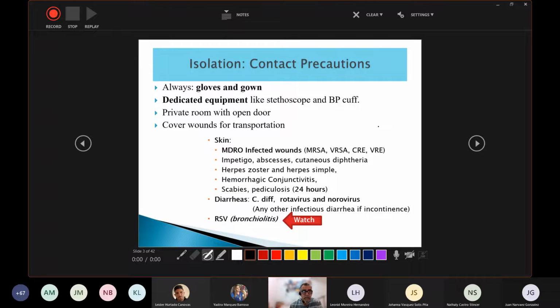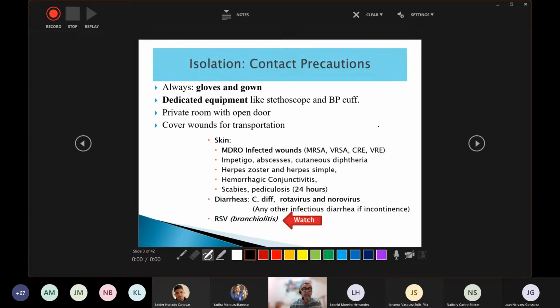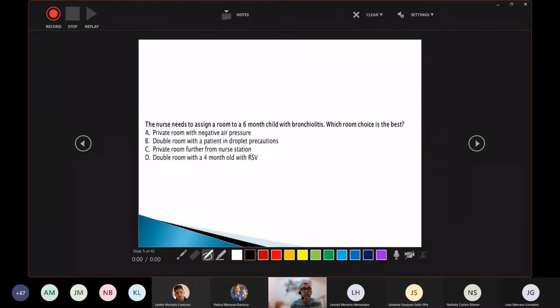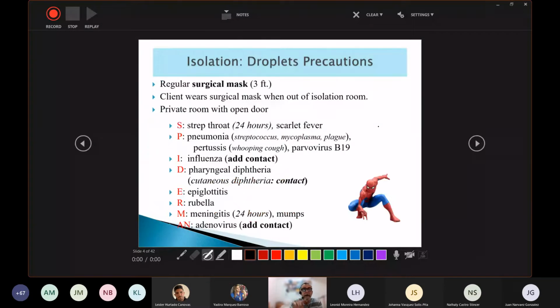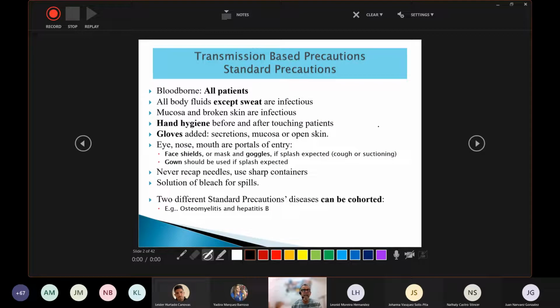And if you know the disease is contact, droplet, or airborne, then you know those are standard and contact, standard and droplet, standard and airborne. So there are fewer diseases, and it's easier to learn those because it's practically impossible to memorize all the diseases that are only standard precaution. Make sense?